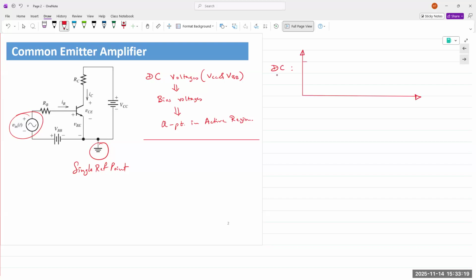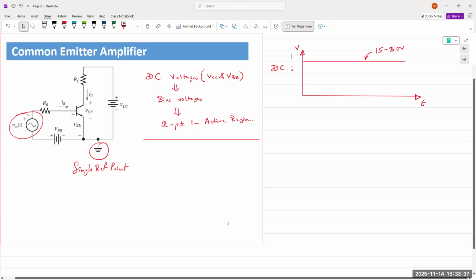Let's say this DC has a value of anywhere between 15 to 30 volts. This is t, this is the value of the voltage. That's the DC biasing voltages.